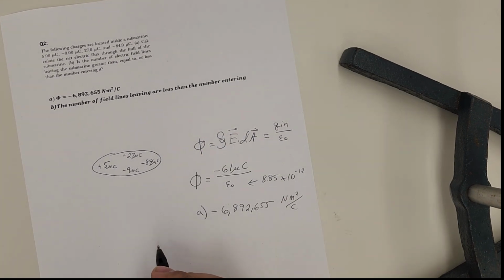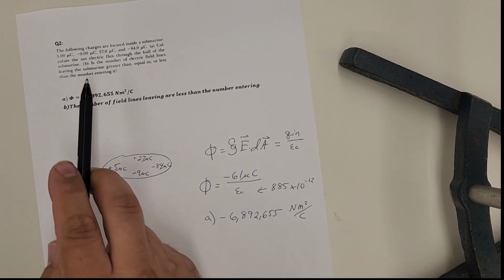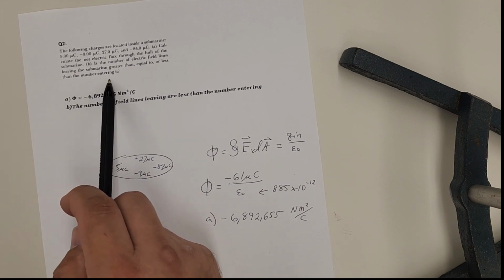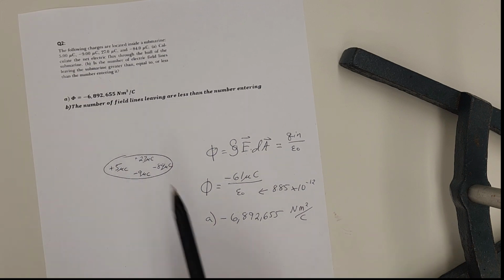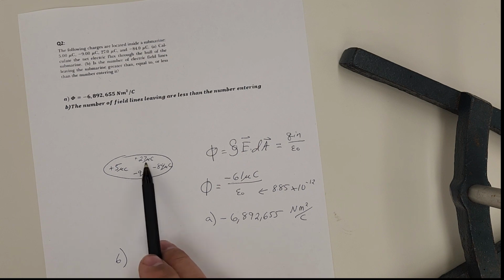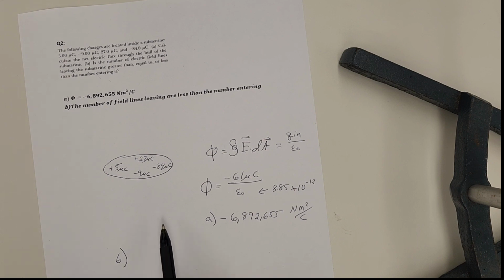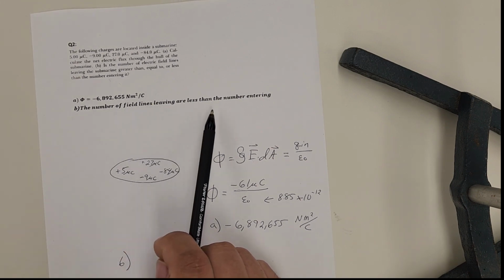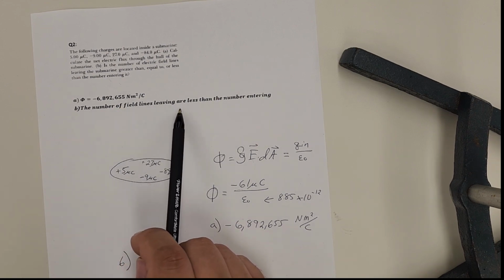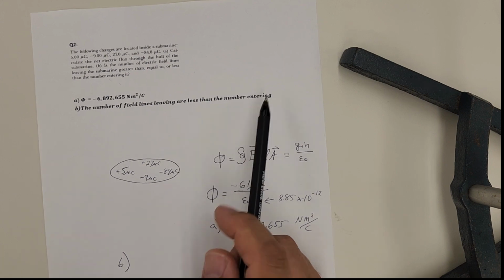For part B to the question, is the number of electric field lines leaving the submarine greater than, equal to, or less than the number entering it? So that's what we just answered. Being that the field lines leaving, the positive ones giving everything away, are less than the number that's coming in, the negative charges taking everything for themselves, the number of field lines leaving must be less than the number of field lines that are entering.